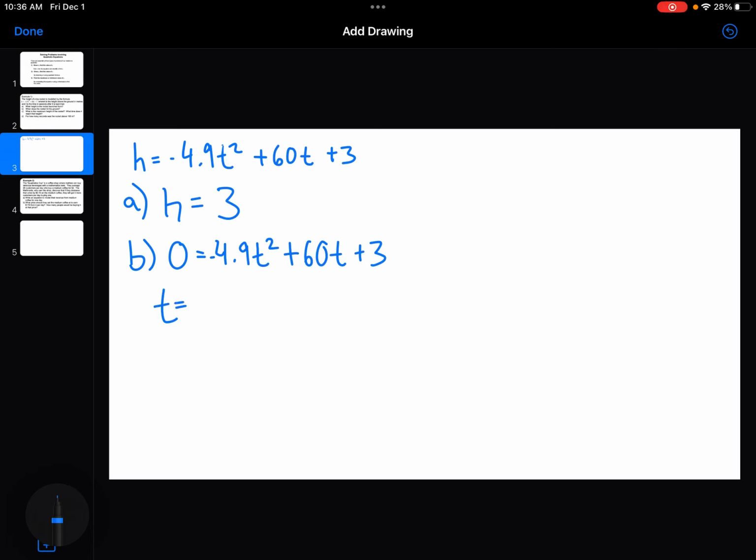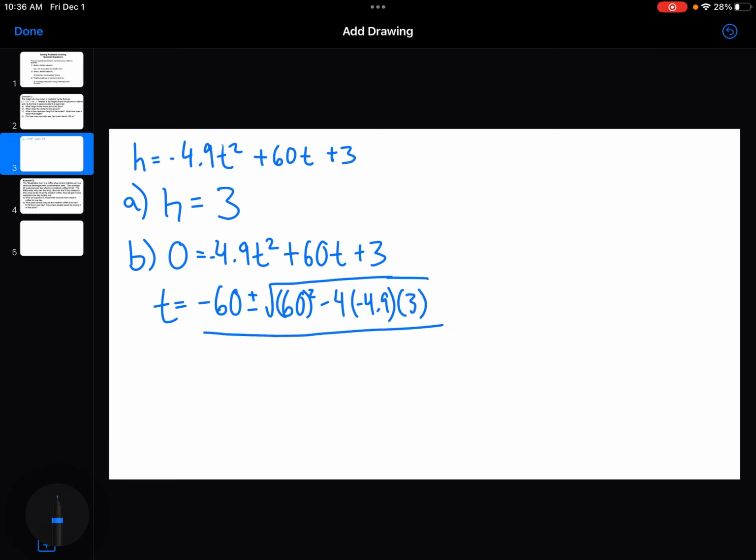So here we're going to have negative 60 plus or minus the square root of 60 squared minus 4 times negative 4.9 times 3, all divided by 2 times negative 4.9. I'm going to do a little bit of work, and then just show you the answer here.